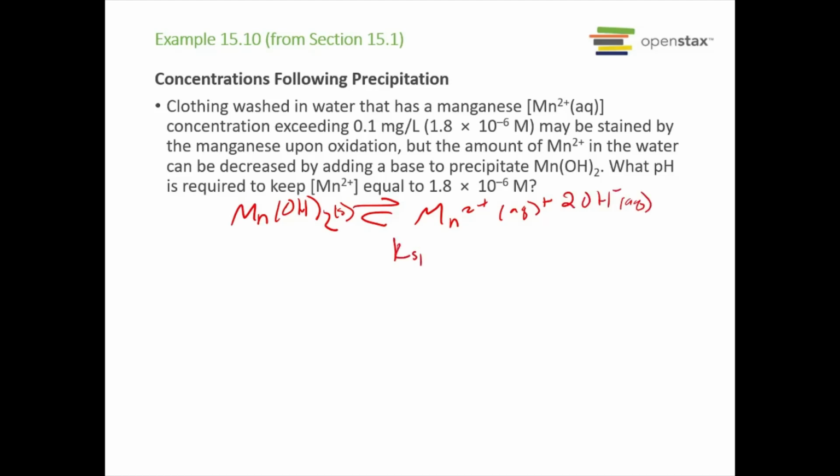And this has a KSP of 2 times 10 to the negative 13. And if you remember, KSP, the solubility product, depends only on our products because our reactant here is a solid. It's not part of the equilibrium calculation. So we have the concentration of Mn2+ times OH minus to the second power. There's that 2 in front of OH.